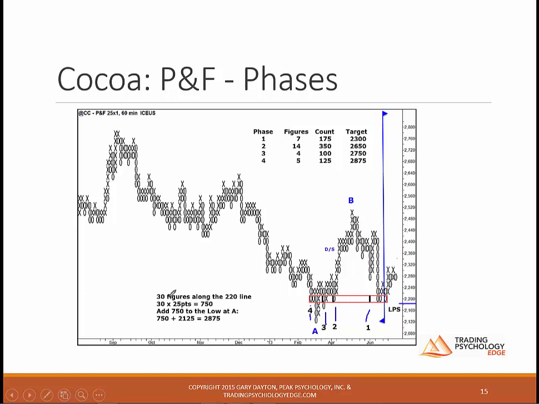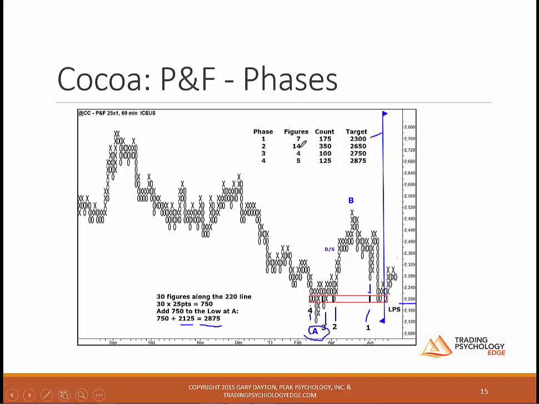Okay, so although there's 30 figures on this line for a count of 2875, what we do in reality is we recognize that in phase 1, there are 7 figures, 1, 2, 3, 4, 5, 6, 7 here. And that gives us a count. 25 times 7 is 175. Added to the low of A of 2125, we add 175 to 2125 and we get a target of 2300.